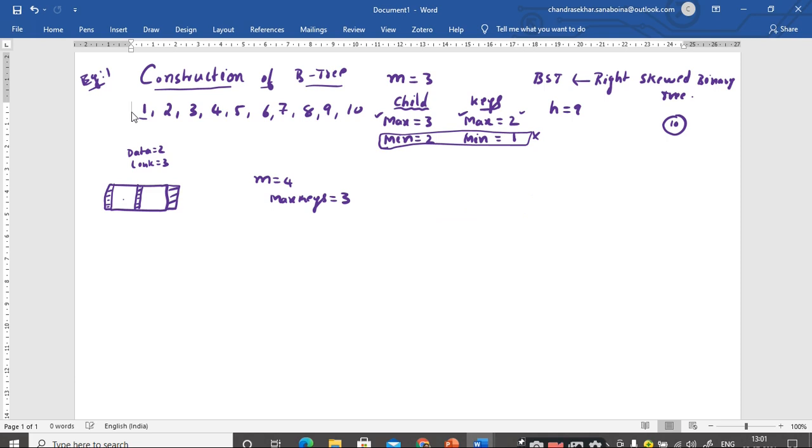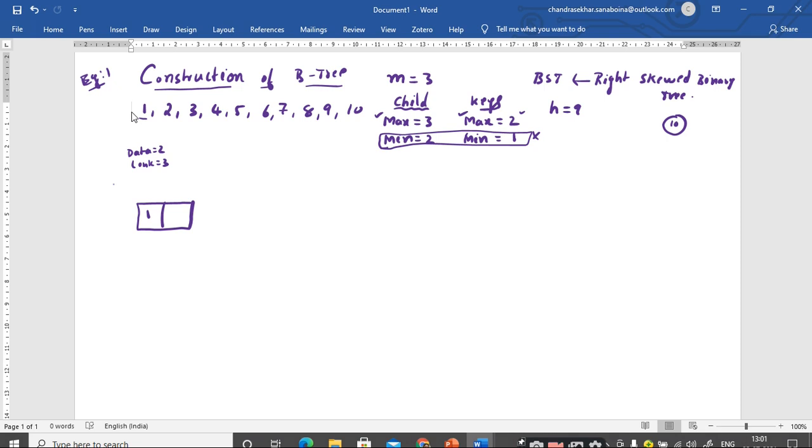Is it clear? Yes, sir. So let us go with the discussion of this node. What is the first element we have? 1, sir. So we will insert 1 inside this node.